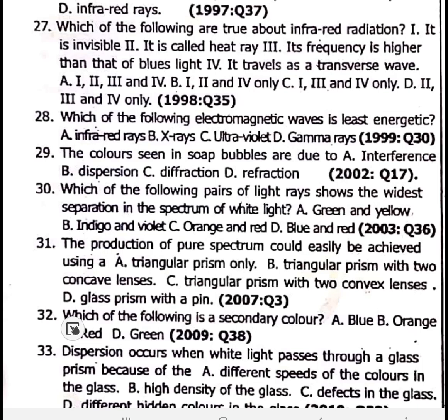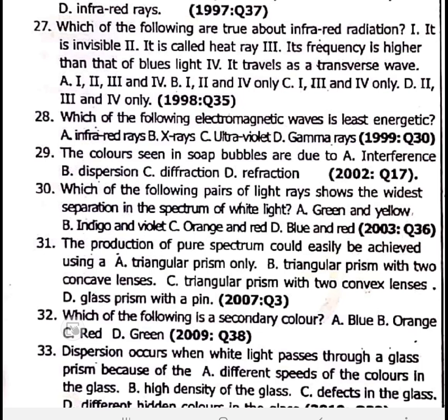Which of the following is a secondary color? 32. Red, blue, and green are primary colors. Primary colors cannot be obtained by adding two or more colors. In light you get red, blue, and green as your primary colors, but in paint you have blue, red, and yellow. Secondary color is obtained by adding two primary colors.